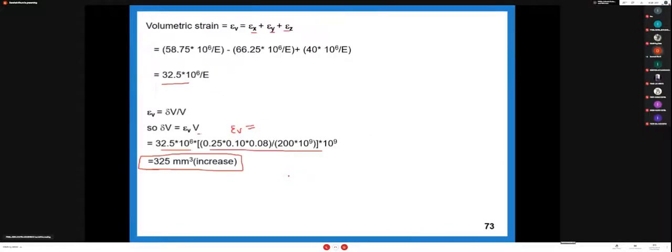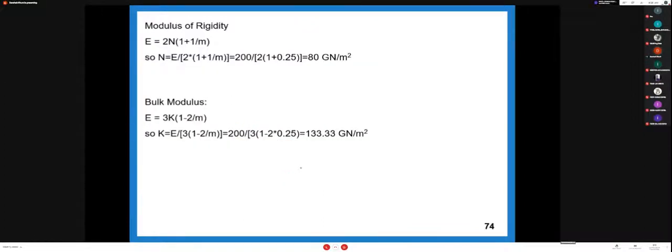Now once you find out the volumetric strain, mu value is given and E value is given. So using these relations, you have to find out the N. So you have to just put the value in those equations, the relations between the Young modulus and shear modulus. So you get the shear modulus is 80 giganewton per meter square.